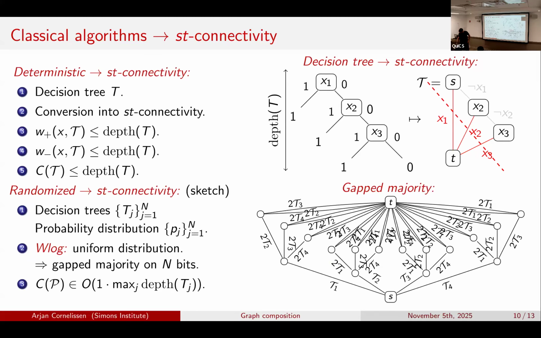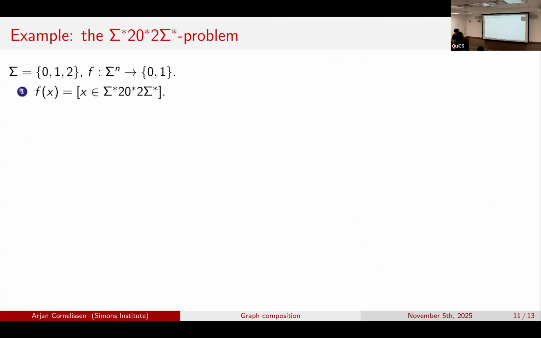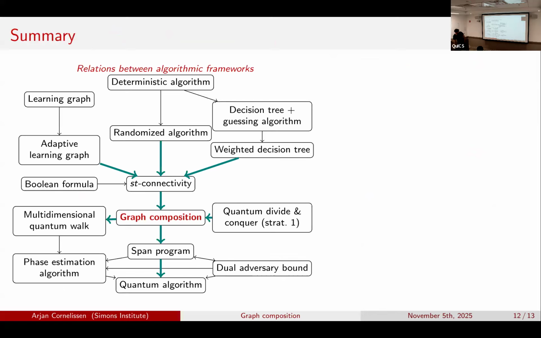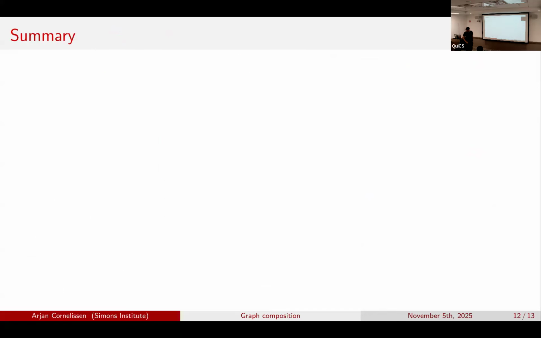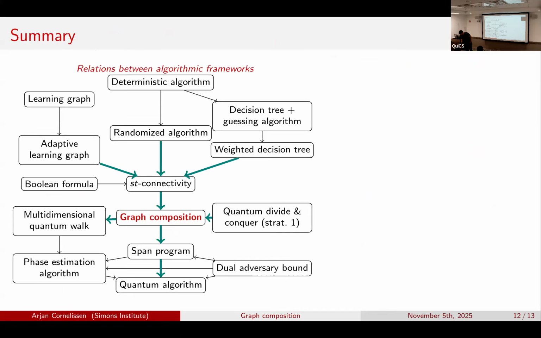All right. In view of time, I had one more example, but I think we're going to skip over it, and I'm just going to summarize what I've been talking about. The first thing I did is show you this picture, showcasing how what I did fits into the bigger landscape of things. And one thing I forgot to say earlier is that I think this is the first time that we figure out, in a meaningful way, how randomized algorithms fit into any of these frameworks.